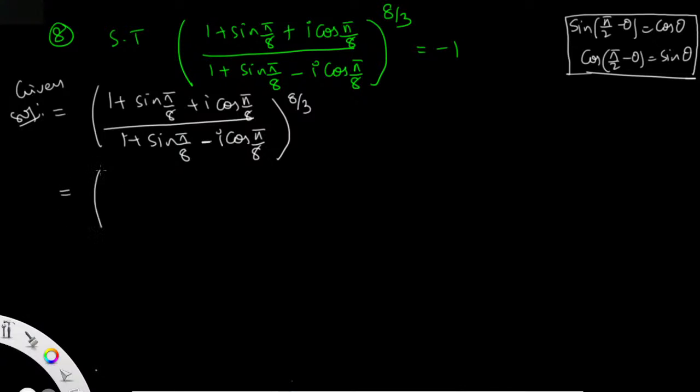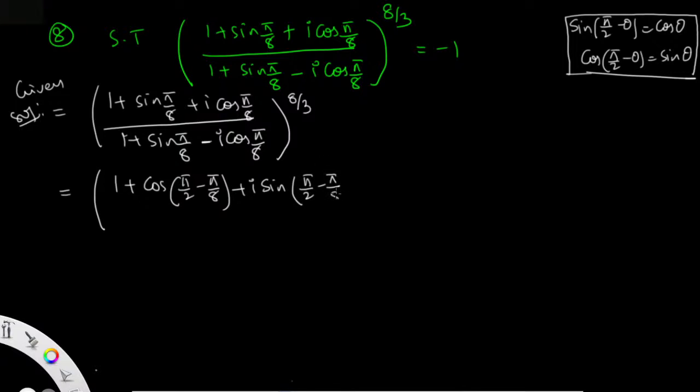That's why I am converting sin theta to cos 90 minus theta. So I write cos of 90 minus theta. Similarly, cos theta is nothing but sin 90 minus theta.